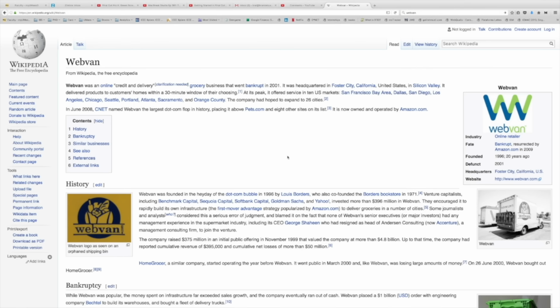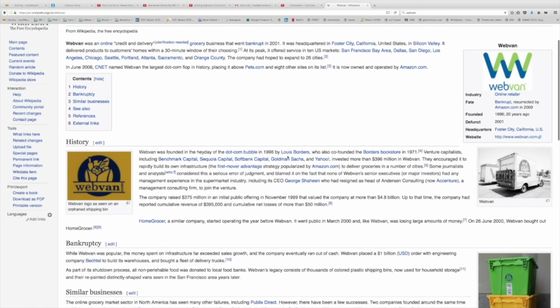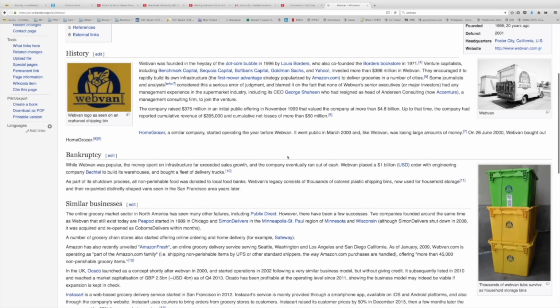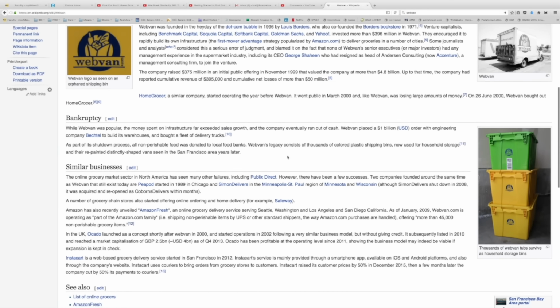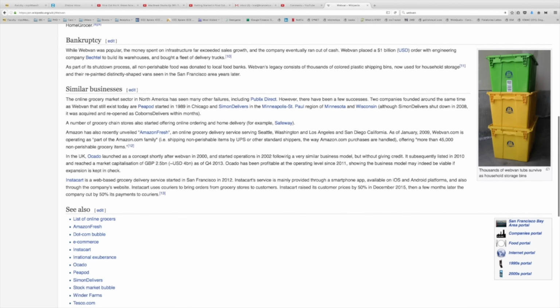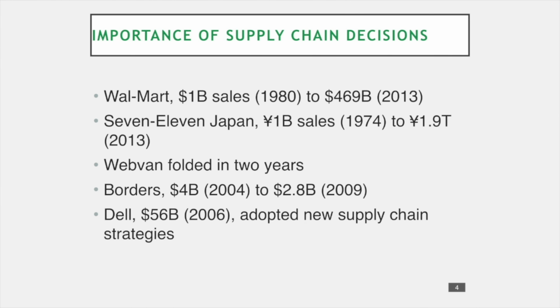They designed large warehouses in US, and they delivered groceries directly to the customer homes. But this ended up increasing the supply chain cost drastically because of transportation and labor, and they ended up folding within 2 years.